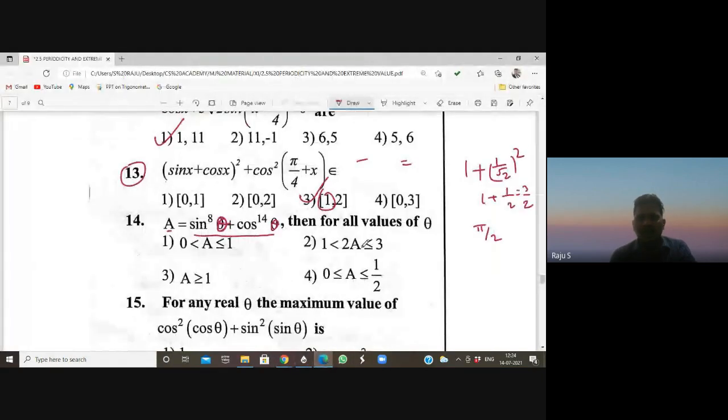According to the given options, they are asking whether a lies between 0 and 1, and 2a lies between 1 and 3. The maximum value is 1, the minimum value is 0.